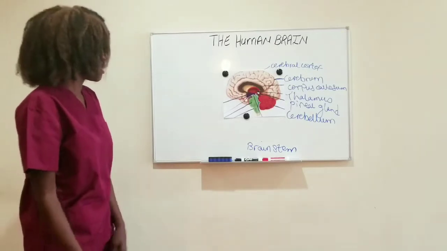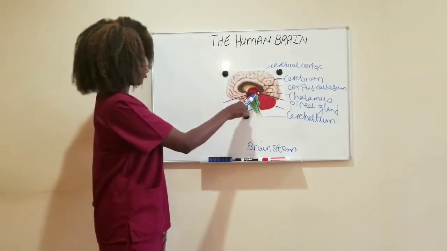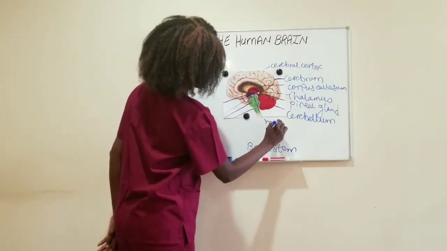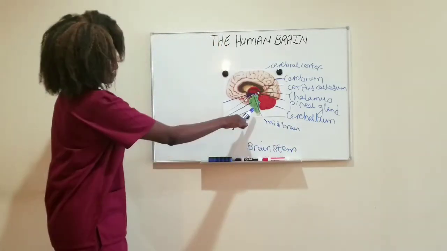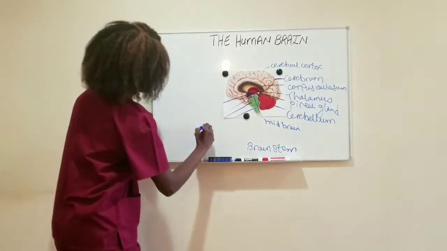Okay, and of course, the brainstem consists of three aspects. So right here in the center, we have the midbrain. And the inferior aspect is known as the medulla oblongata.